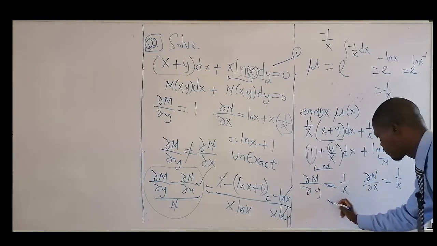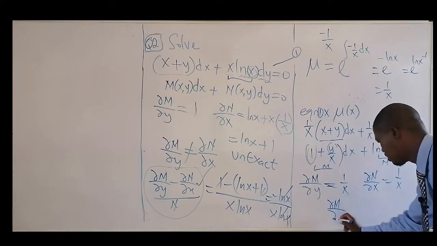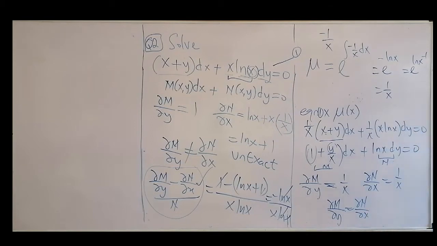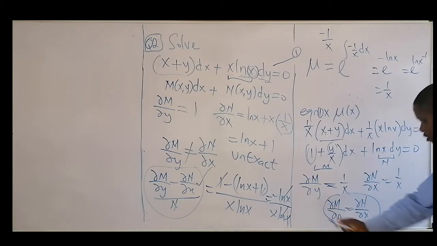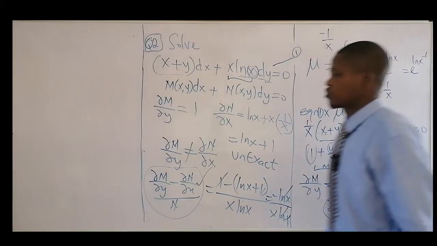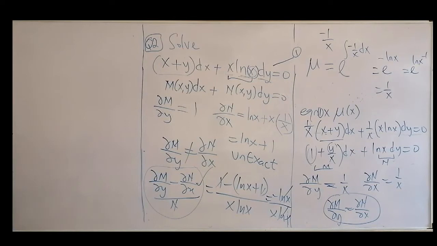So it's exact. Actually, we might not need this process. Once you multiply with the integrating factor, automatically it will be exact. But it's good, it doesn't take time, you can show that.